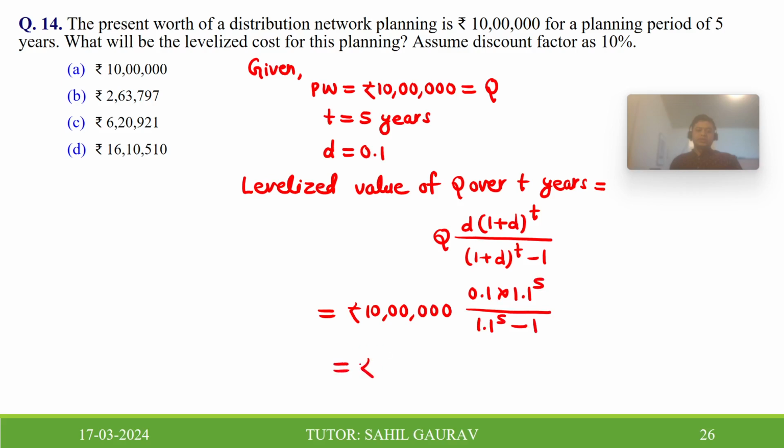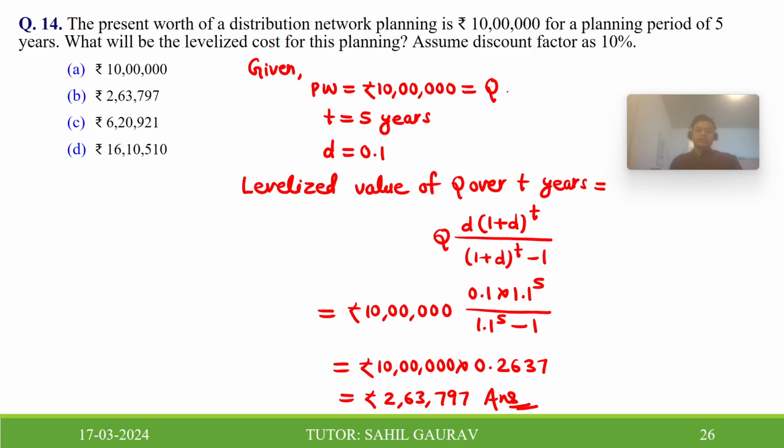So it is given as rupees 10 lakh into 0.2637. So it is coming as 2,63,797.